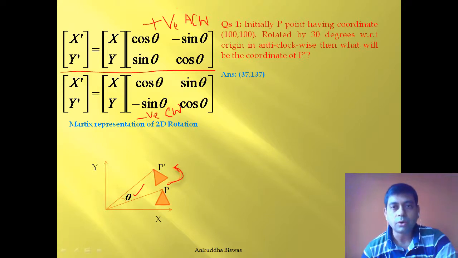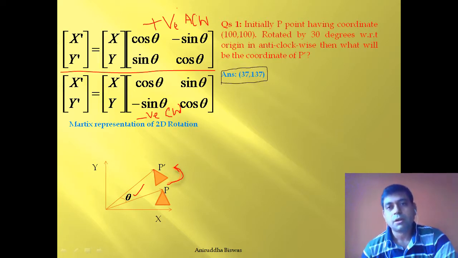Now, how to calculate the answer: P is (100), this is the coordinate point, and how does it become located after 30 degrees of rotation? Now 30 degrees, so here it is in the anti-clockwise direction.